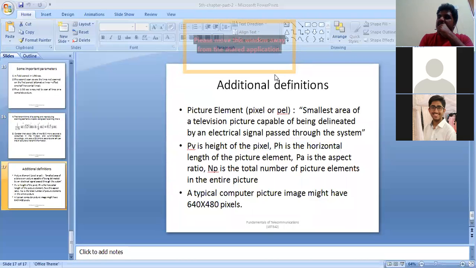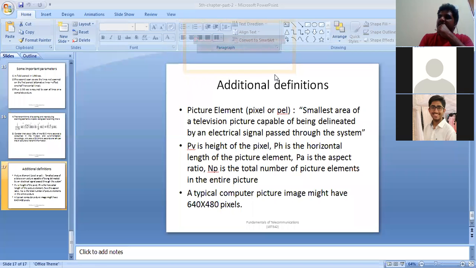If 30 frames are to be shown on your TV screen, definitely 30 frames have to be scanned from the scene, where it is actually occurring. There has to be a scanning or capturing of the image at a rate of 30 frames per second. 525 lines have to be scanned in 1 by 30 seconds.